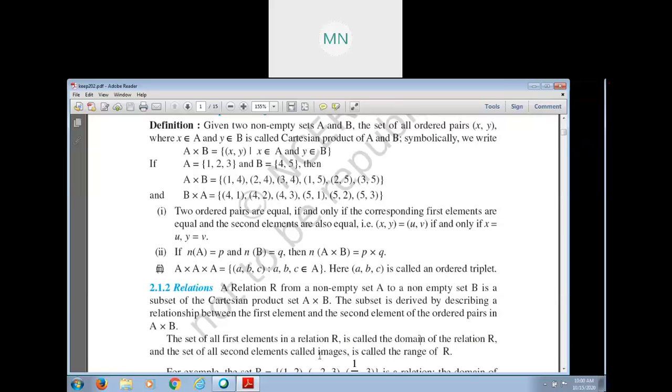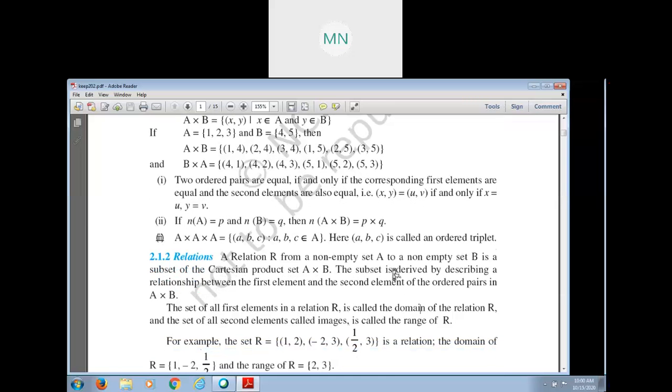The elements of the second set are called images and the elements of the first set are called pre-images. So we can define R as a subset of A cross B.